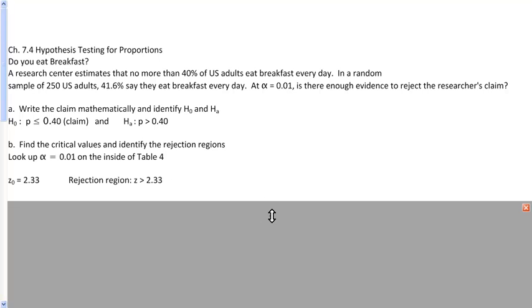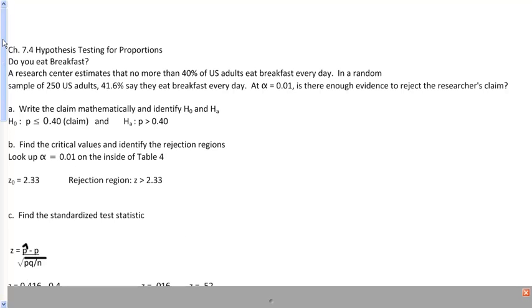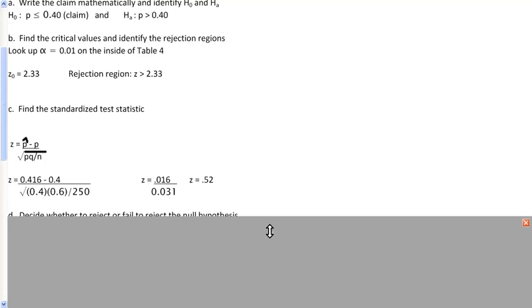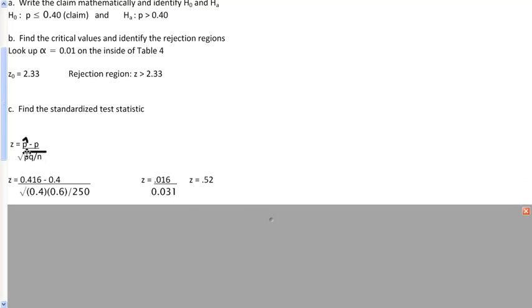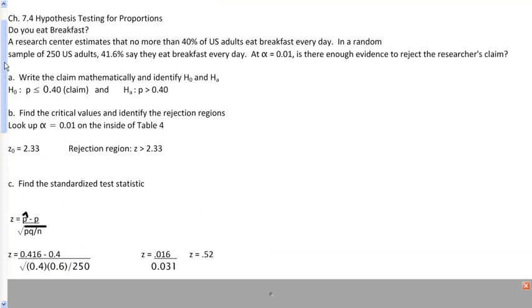So we're going to take a look at the rest of the problem, and it's find the standardized test statistic. To find the standardized test statistic, it's p hat minus p. p hat would be your 41.6% that is in the question here, and the 40% is your p, and this is p times q, and remember q comes from where you say 1 minus 0.4, you get 0.6, and that's divided by the sample size, which is 250, and that also comes from the question.